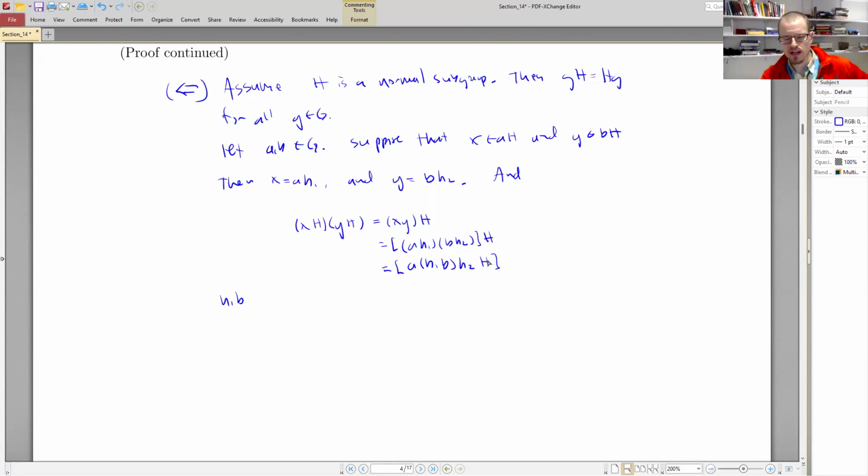Okay, so h2 H, I can get to go away, essentially, and then I can rearrange how I like here. So h1 b, this element here, belongs in Hb, which is equal to bH. Hence, there exists an element h3 such that h1 b is equal to b times h3.